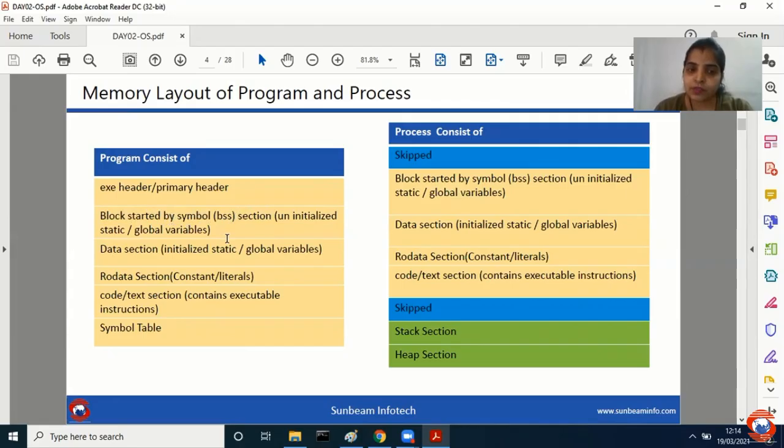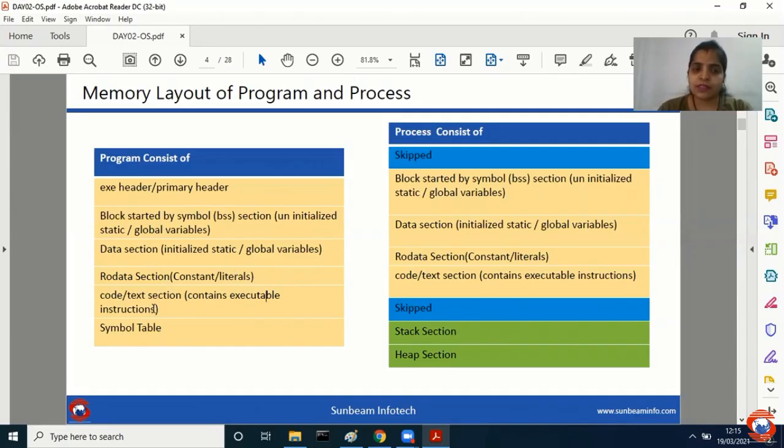When you initialize those static variables, when you assign some value to those global variables, they are moved from BSS to the data section. If you declare some constants, some specific literals, some specific enum constants like we declared in C, they go into the RO data section. RO stands for read only data section, the section in which I will not be able to do any modification on my data.